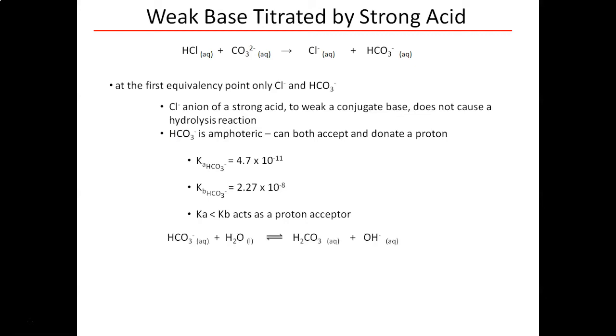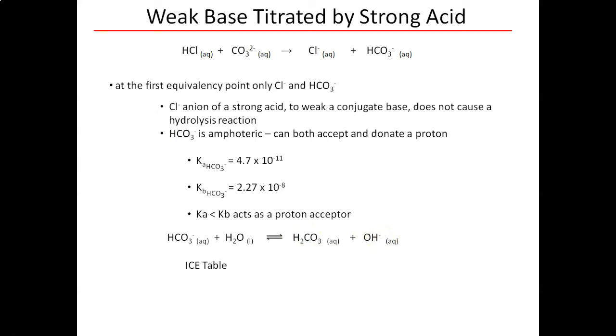And so this helps us when we set up our reaction. This is what would be occurring at my first equivalency. My hydrogen carbonate ion would cause a hydrolysis reaction that produces hydroxide. If the Ka value had been greater than the Kb, the hydrogen carbonate ion would still cause a hydrolysis reaction, but I'd be producing hydronium ion instead.